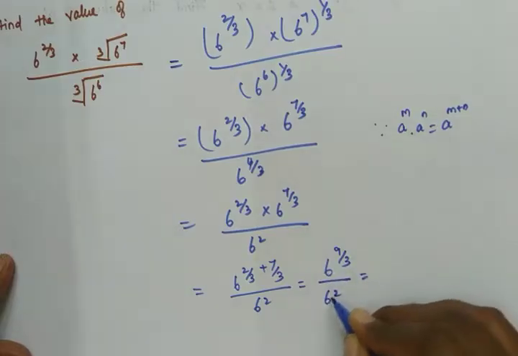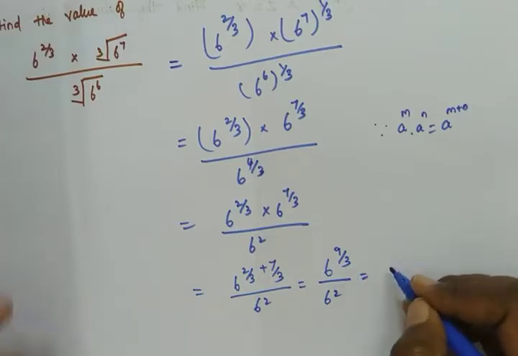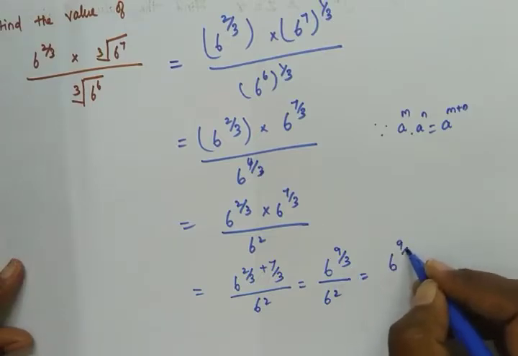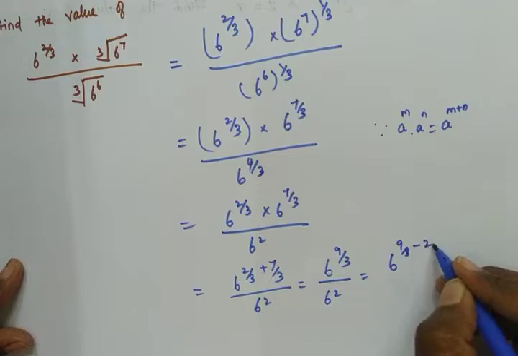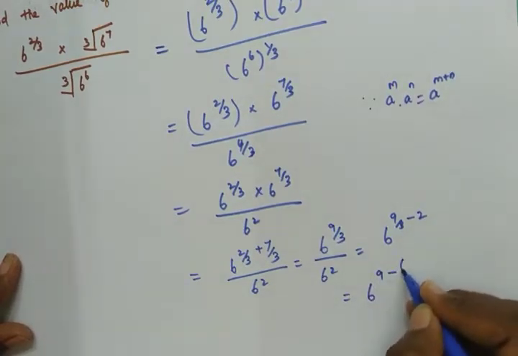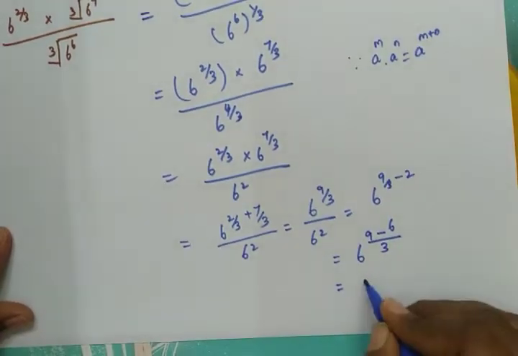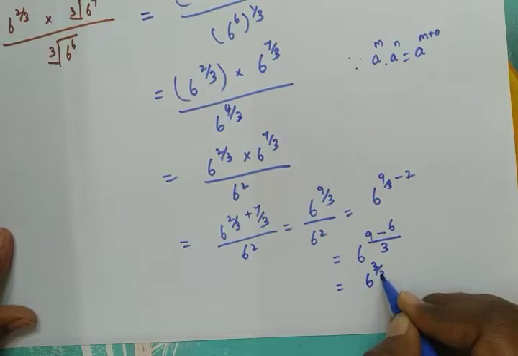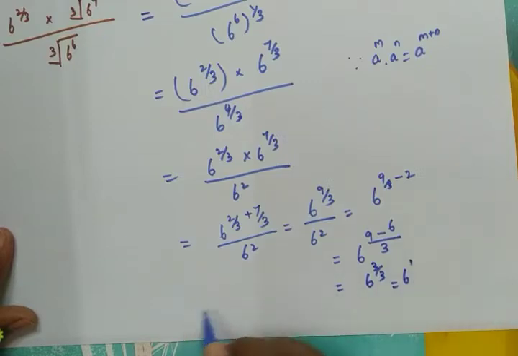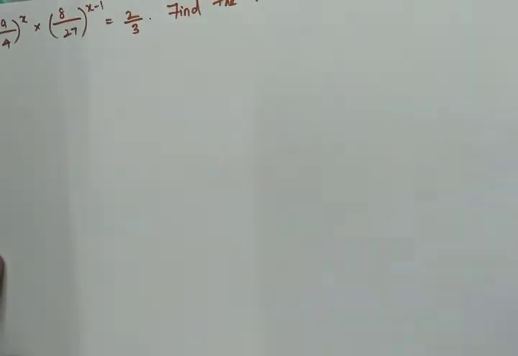Now we can combine because the bases are common. A power m by a power n is equal to a power m minus n. So we take 6 power 9 by 3 minus 2, which is equal to 6 power (9 minus 6) by 3, which is 6 power 3 by 3, equal to 6 power 1. Therefore, the final answer is 6. This is the answer for this problem. Now, let us move on to the next problem.